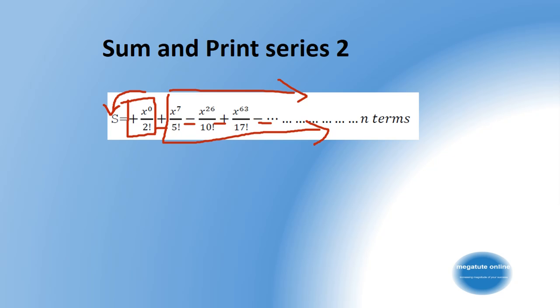Now let's understand the logic in the power and the denominator of the series. If you observe here, this is 7, 26, 63. As I told you, if you don't find a direct logic or direct uniform increment or decrement, just go for the square of the natural number, cube of the natural number. If I go for square of the natural number, which will be 1, 4, 9, which is nowhere near.